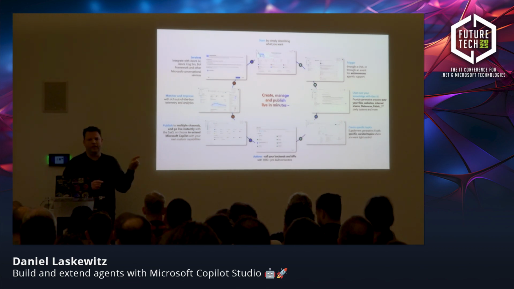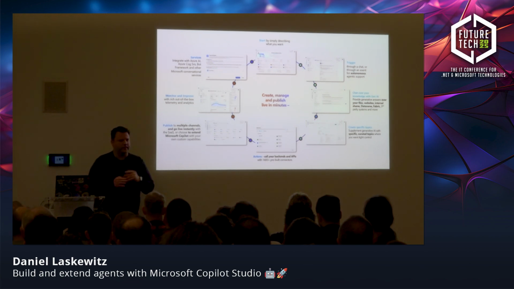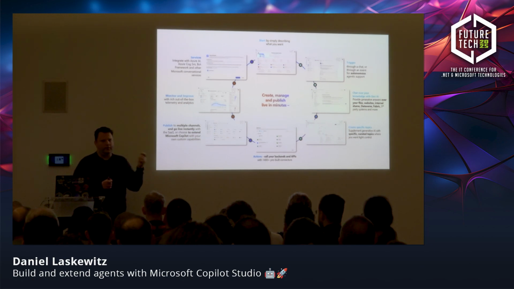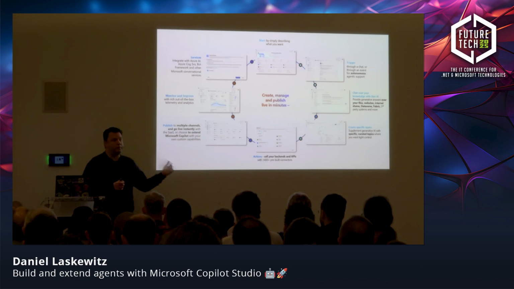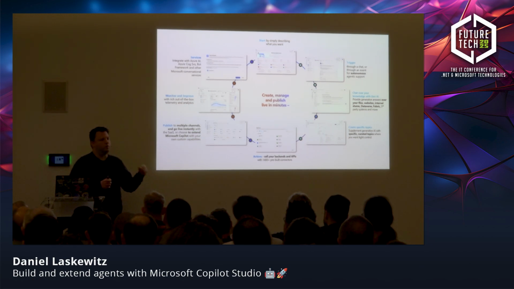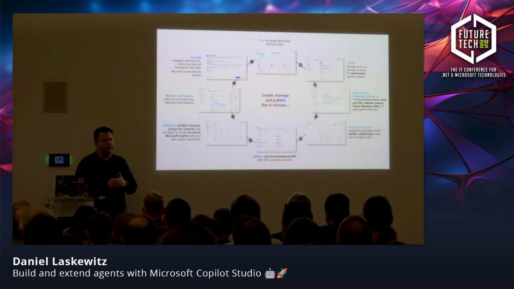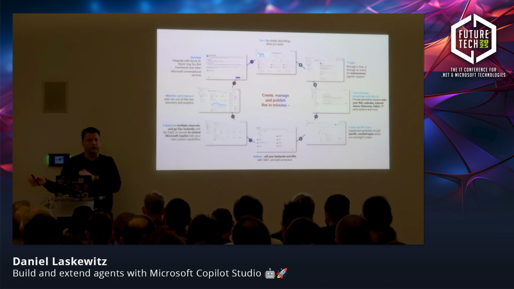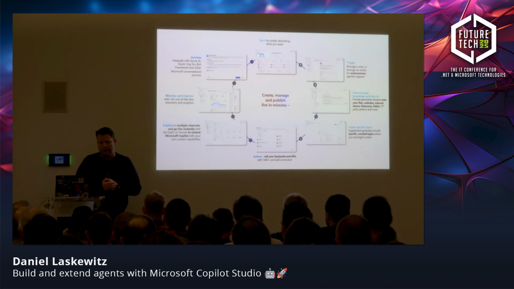They can vote on how well they thought the conversation was, and that will all end up in the monitor and improve stage. And that's really interesting because that will give you a lot of insights on maybe what to add to your agent, or maybe to add a conversation or a topic in there to redirect them to another agent if that one supports it.